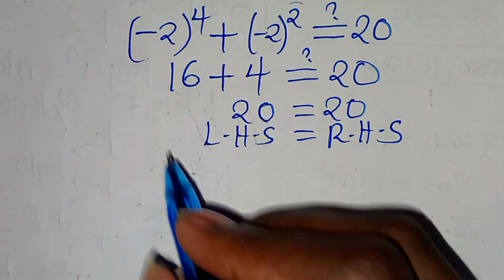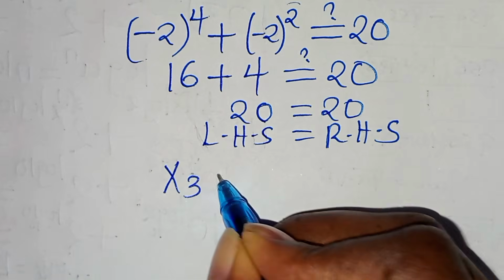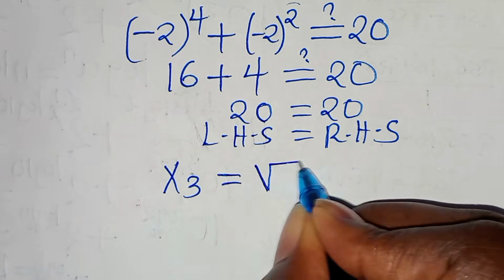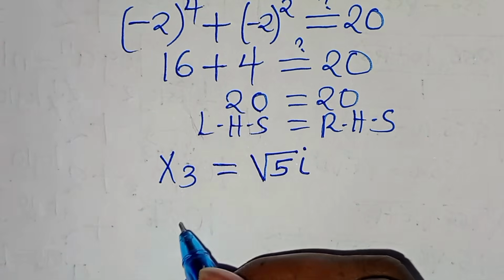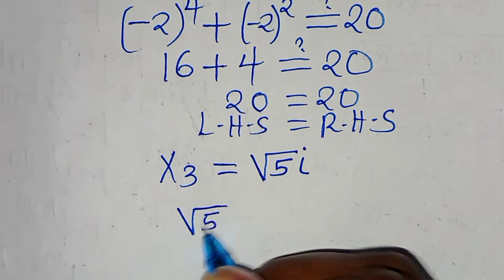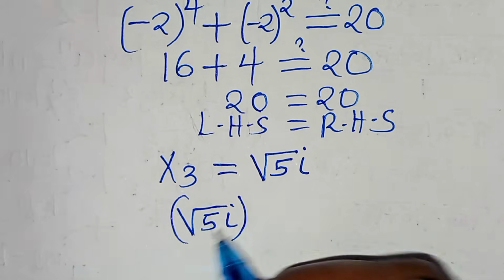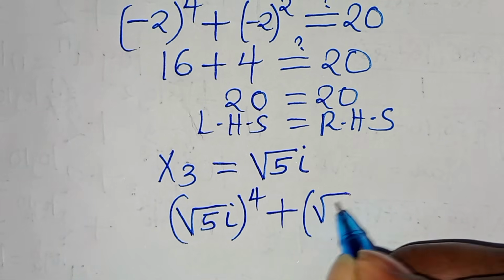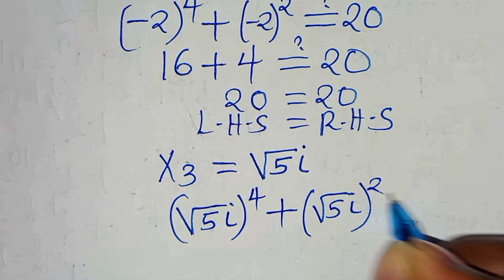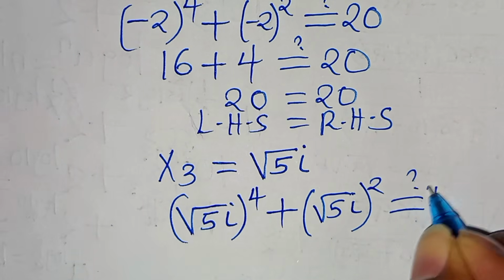Let's check x3. x3 is equal to square root of 5i. So we have square root of 5i raised to the power of 4, plus square root of 5i raised to the power of 2. This should give us a value of 20.